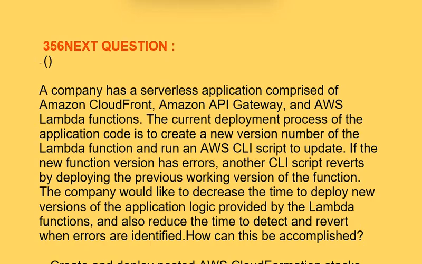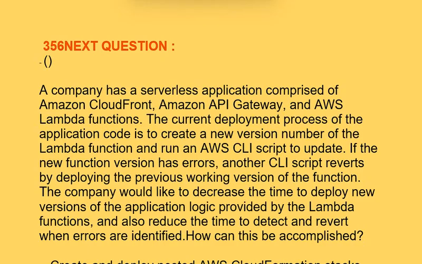Question: a company has a serverless application comprised of Amazon CloudFront, Amazon API Gateway, and AWS Lambda functions. The current deployment process of the application code is to create a new version number of the Lambda function and run an AWS CLI script to update.